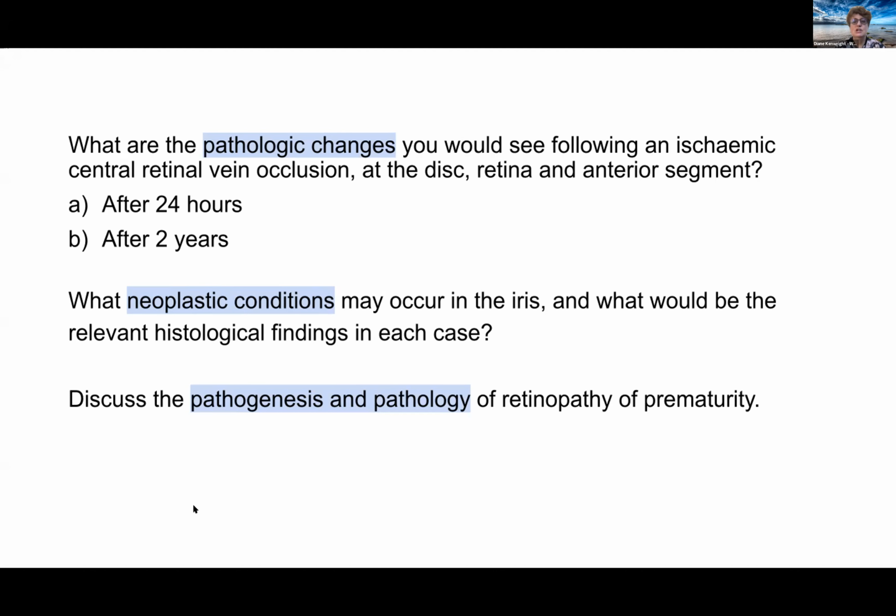So, discuss the pathogenesis and pathology of retinopathy of prematurity. What do you think we're asking for there in the chat? You can divide your question up because there's the pathogenesis part and there's the pathology part.